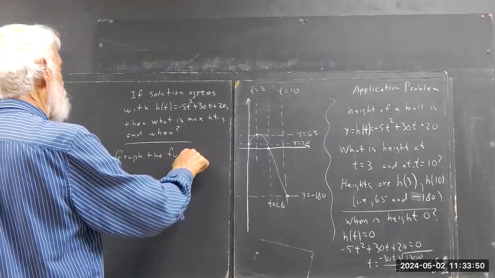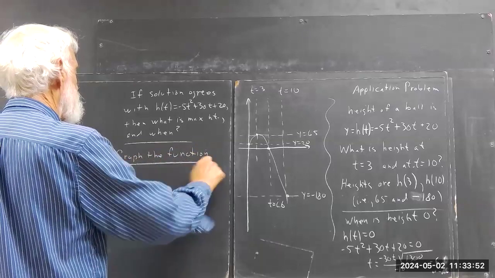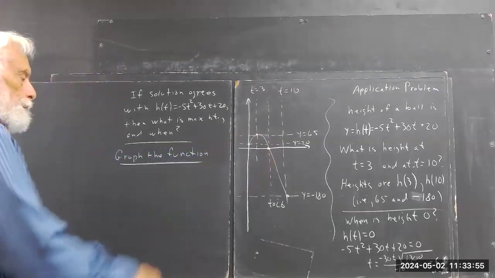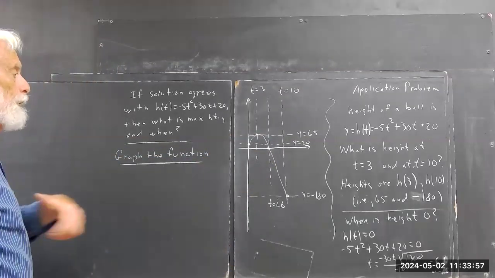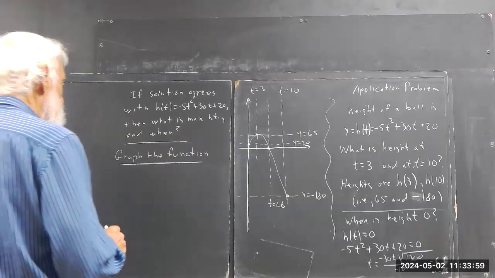Find that out by graphing the function. Not using t equals 3 and t equals 10, although that gives us a pretty good idea.